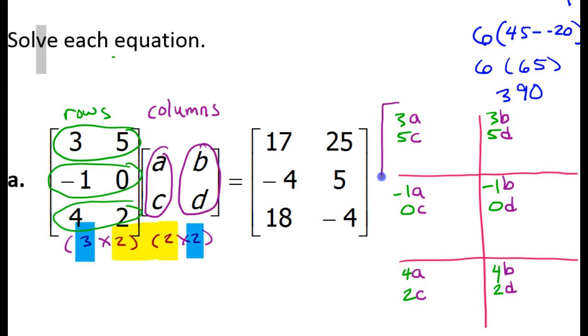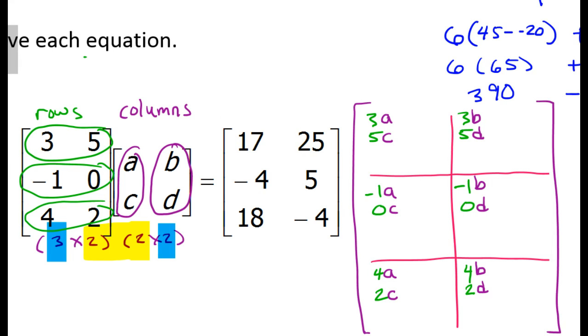Okay, so that's as far as we can go. Wait, I lied. We need to add these up. So if I add these together, I get 3A plus 5C. So this is the answer for this little element. And over here I've got 3B plus 5D.